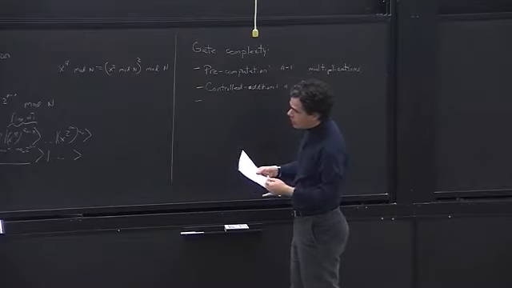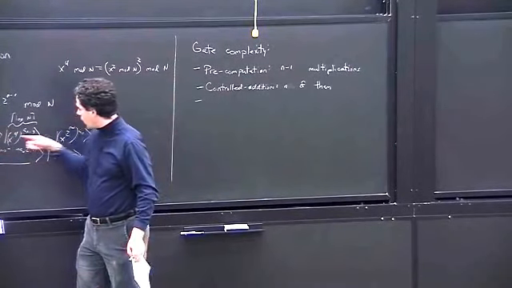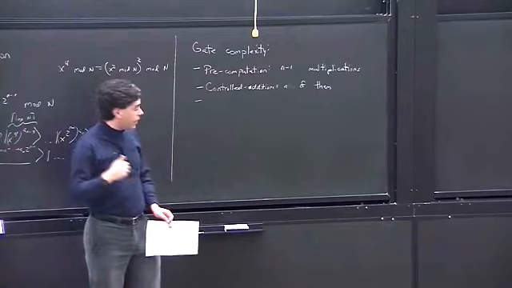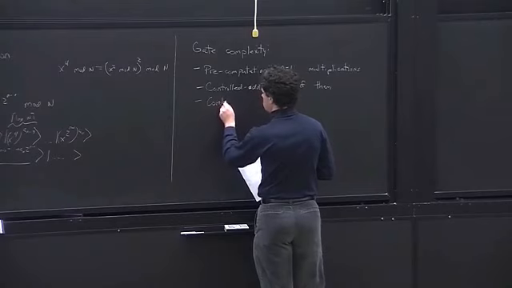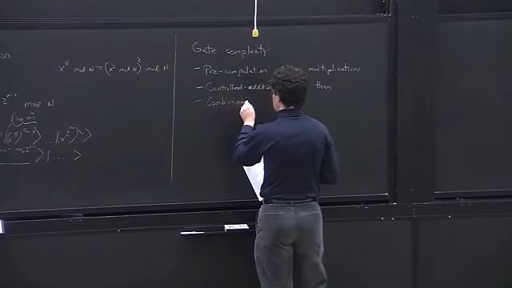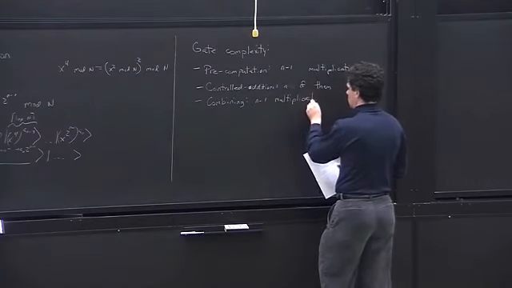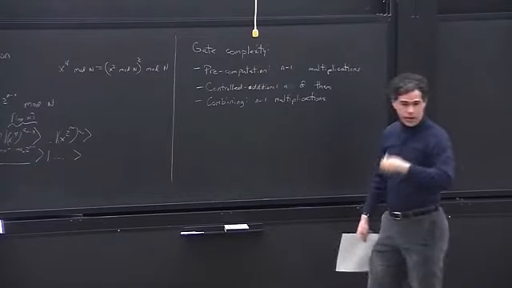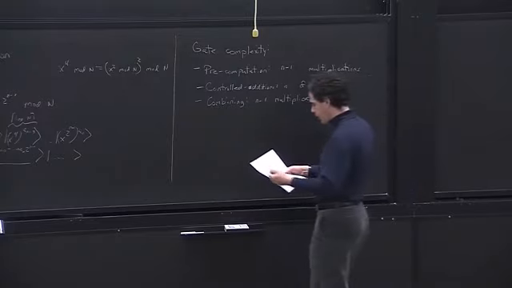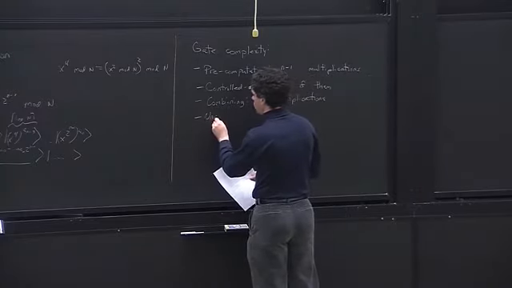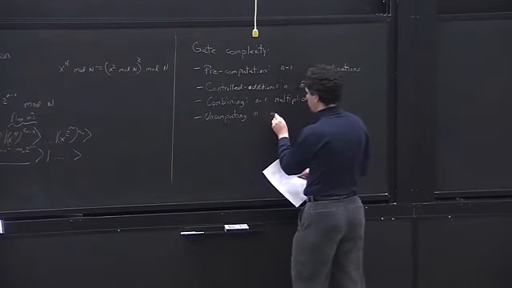And the multiplication, again, we have to multiply together these n numbers. So there's n minus 1 multiplications. And again, at every step along the way here, we can reduce mod n, big N. And then the uncomputing is, again, n controlled additions.